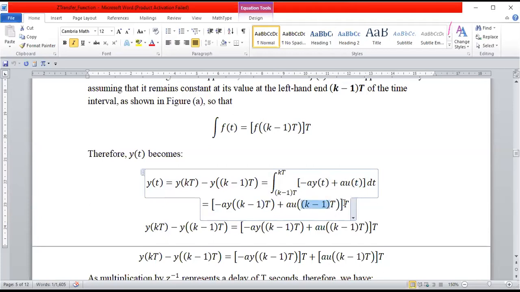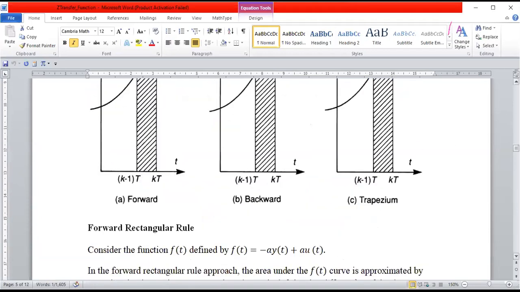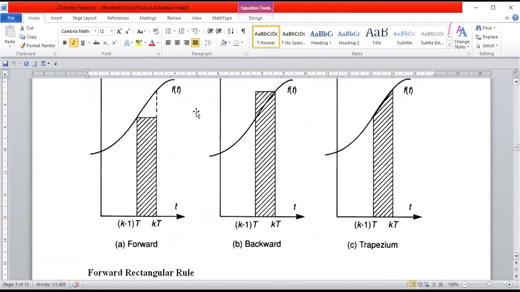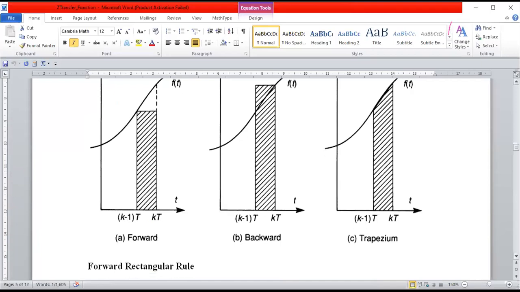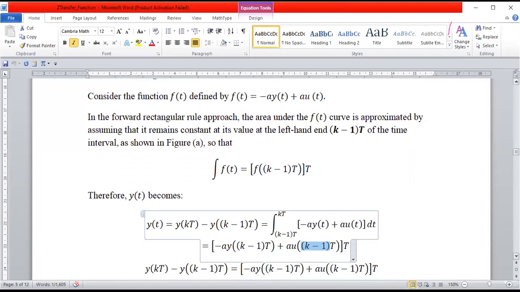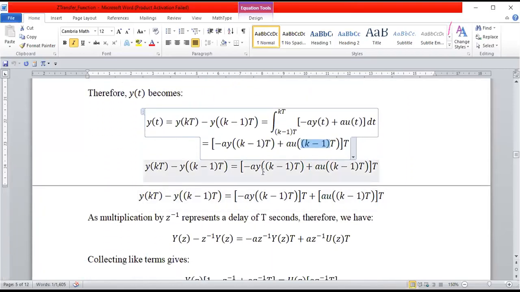Then you are multiplying by T. The reason you are multiplying by T is because the area of a rectangle is length times breadth, and the breadth is given by T. The distance from this point to this point is T. So that's why you have to multiply by T. That's what the forward rectangular rule states.